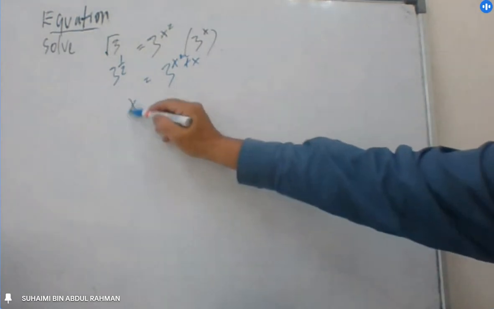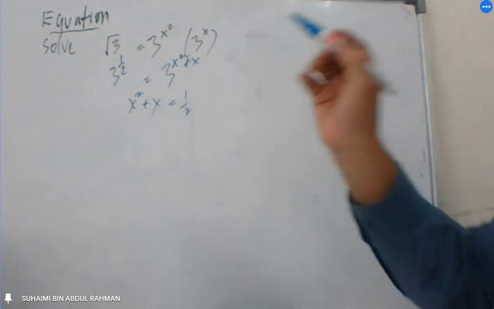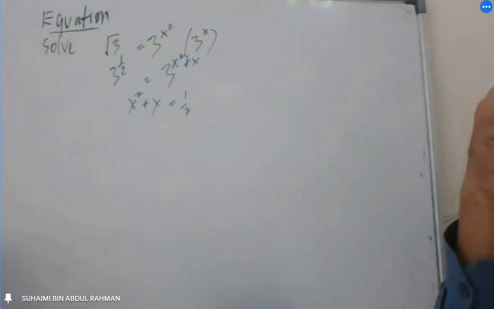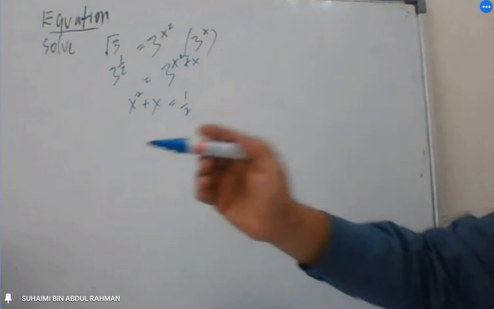So we can rewrite that x squared plus x equal to 1 over 2. We bring 2 to the left-hand side.